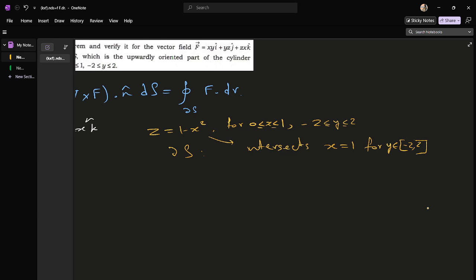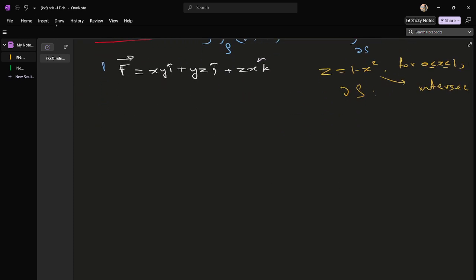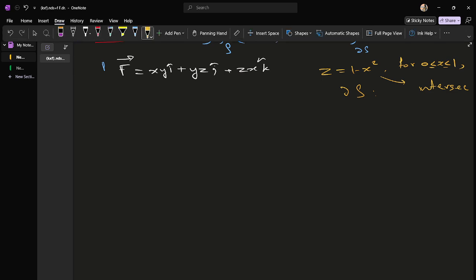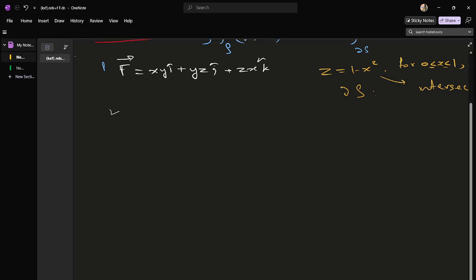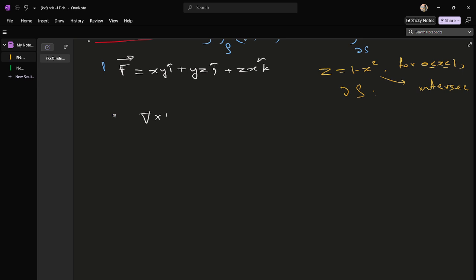So what is step 1 for the computation of this? We will first take the curl of F. So the curl of F will be equal to the determinant with i cap, j cap, and k cap.